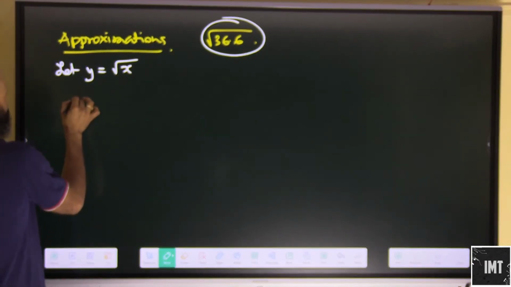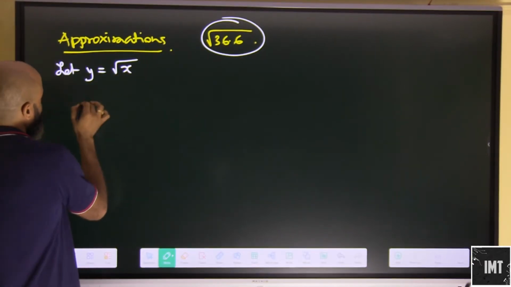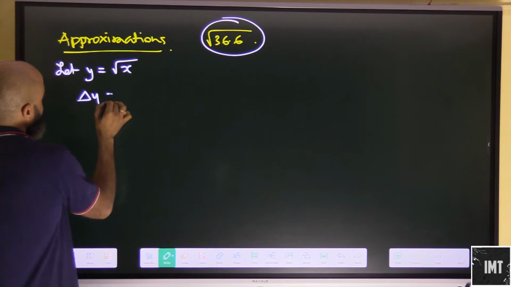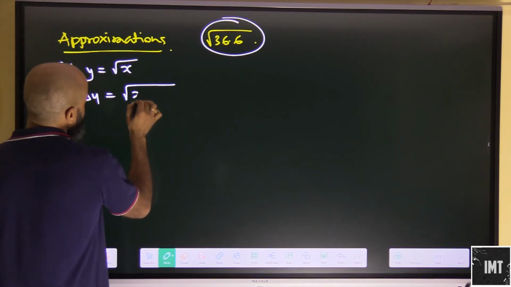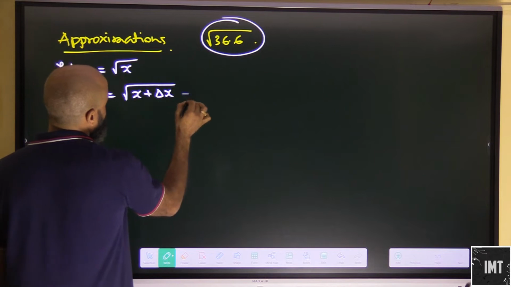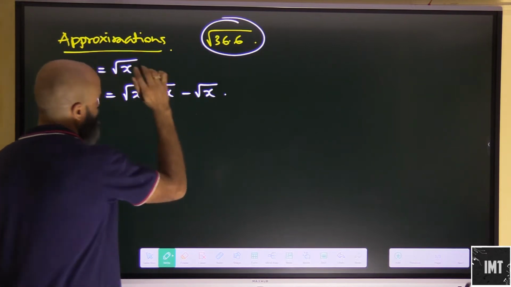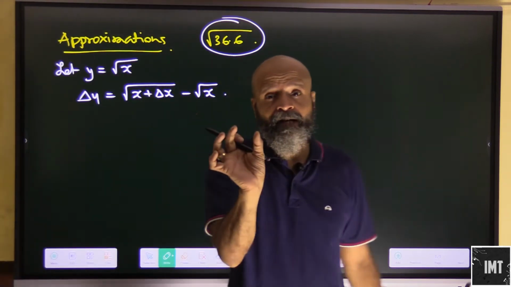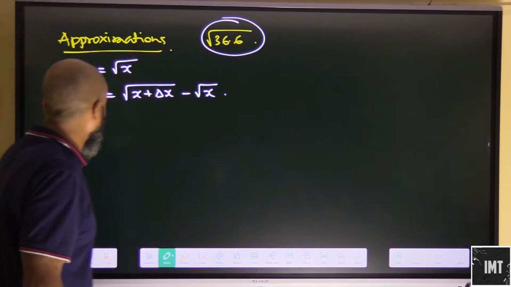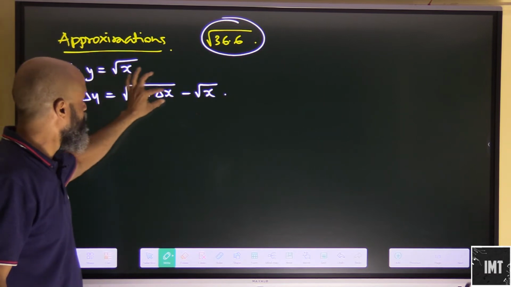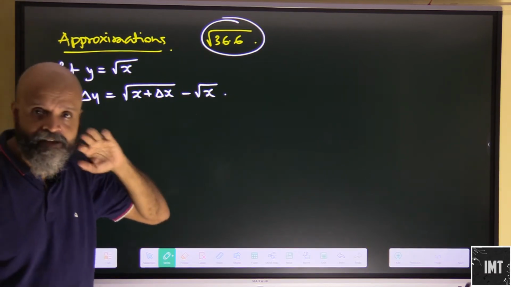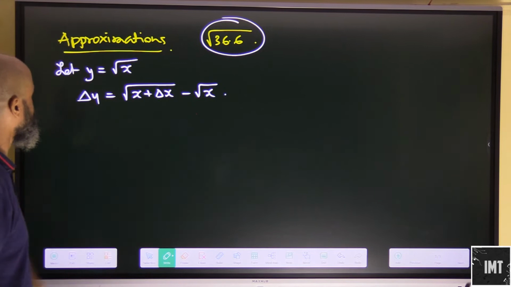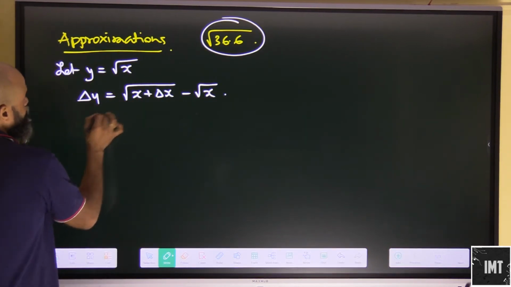In this case we can write delta y is equal to under root of x plus delta x minus under root of x. It is obvious that a small change in the value of x, that is delta x, will produce a small change in the value of y, delta y.